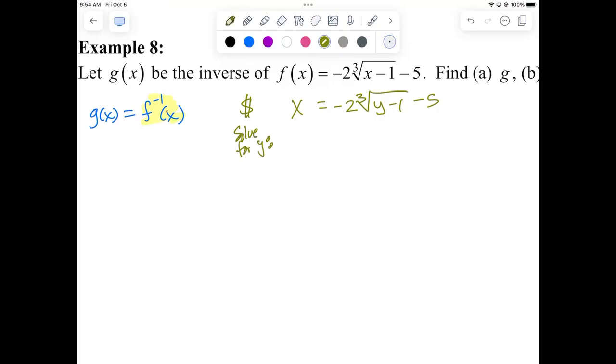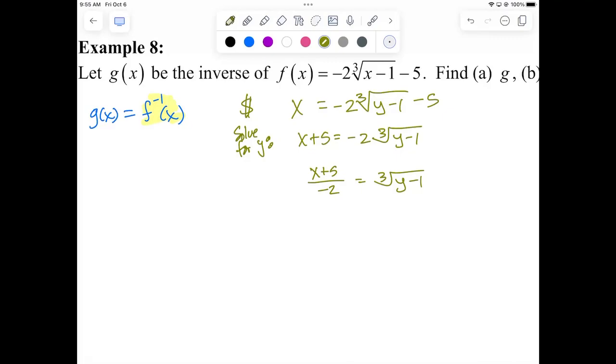Carefully, algebraically. So I'm going to have to add 5 first, so I get x plus 5 equals negative 2 cube root of y minus 1. And now I'm going to have to isolate the cube root by dividing everything through by negative 2. So I'm going to have (x plus 5) over negative 2 equals the cube root of y minus 1. And now I need to uncube root something.